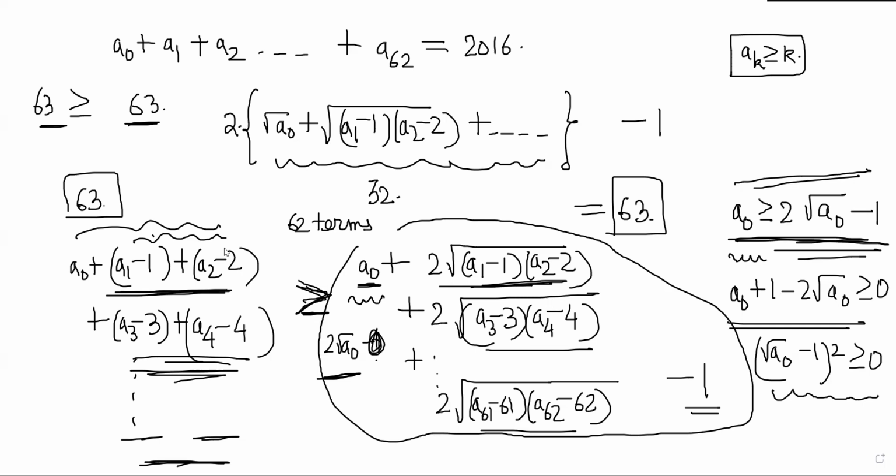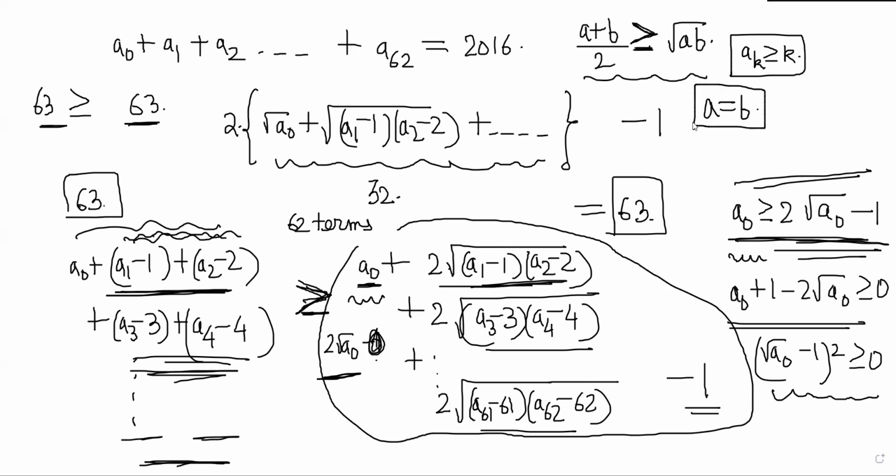Yes, sir. So that means every place the AMGM is not an inequality, it is the equality case, right? So all the terms are equal. Equality case in AMGM happens only when A is equal to B, right? Do you understand what I'm saying? Yes, sir.